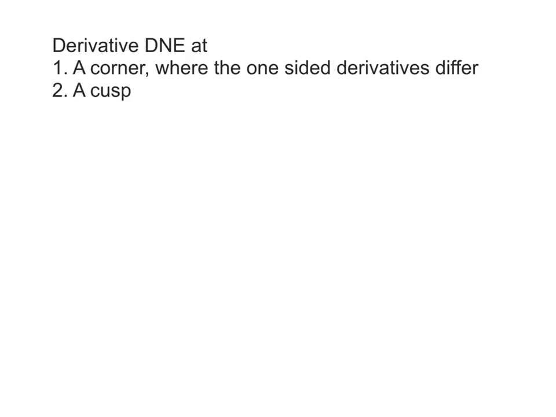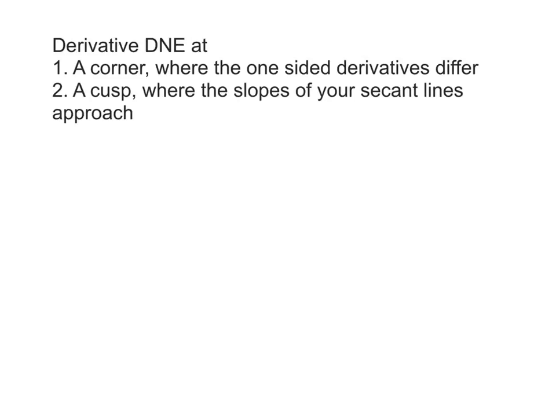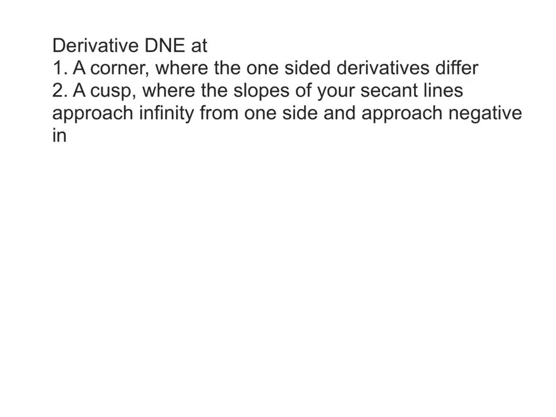Okay, a cusp. This is where the slopes of your secant lines, plural, approach infinity from one side and approach negative infinity from the other.